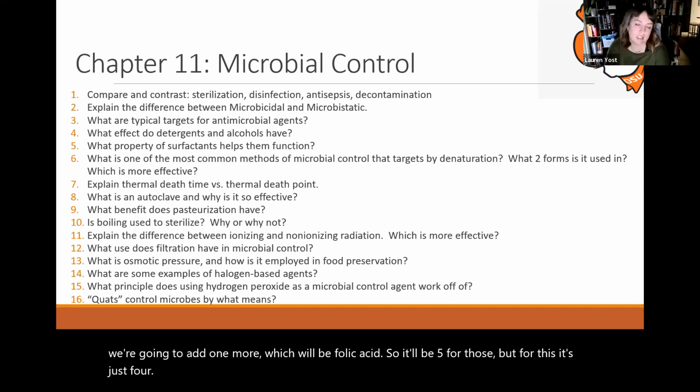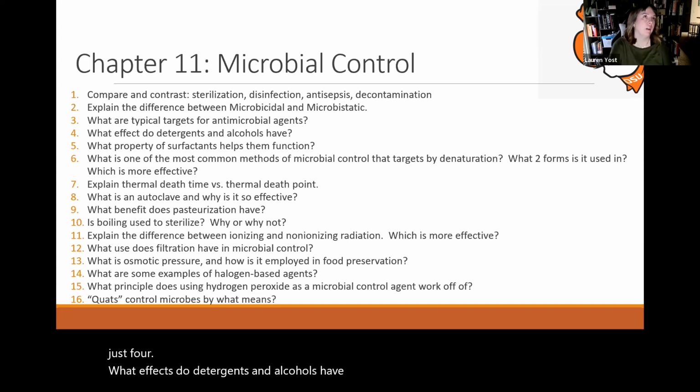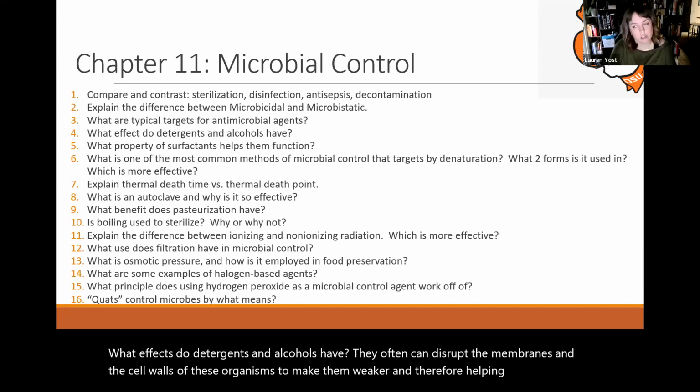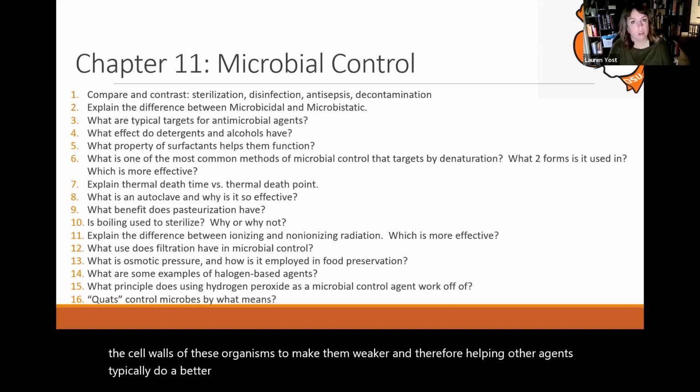What effects do detergents and alcohols have? They often can disrupt the membranes and the cell walls of these organisms to make them weaker, and therefore helping other agents typically do a better job of killing cells.